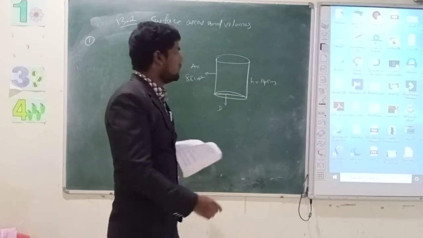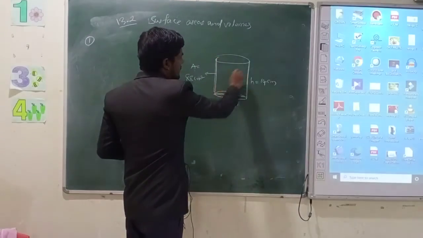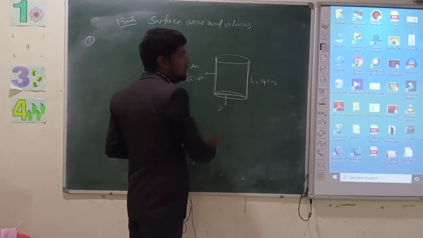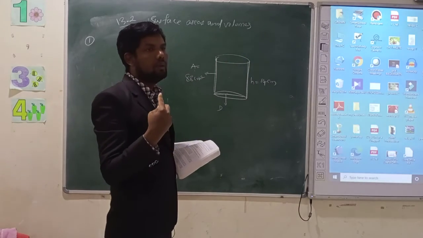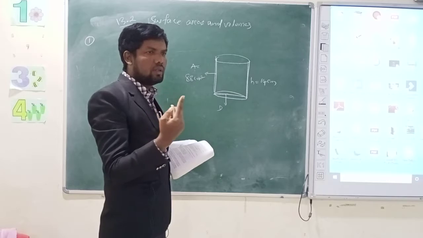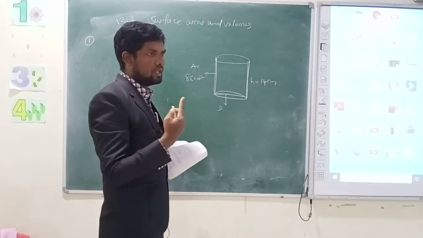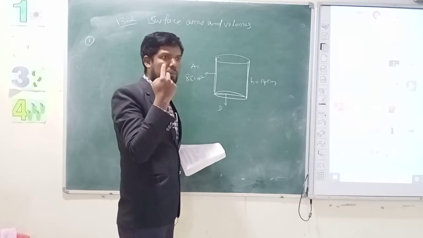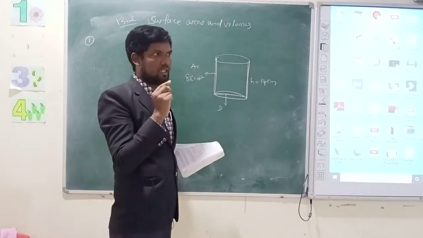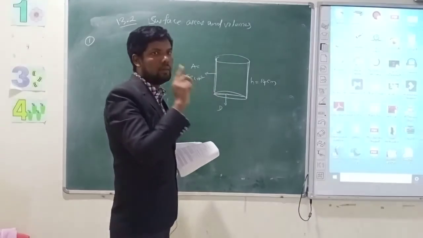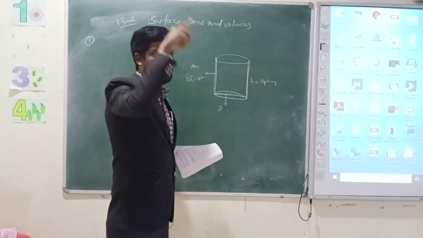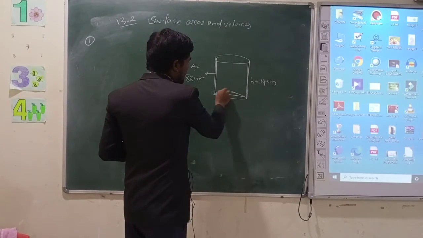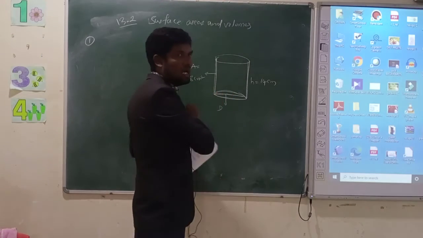So for that, what is the curved surface area of a cylinder? What is the formula for that? 2 pi r h, right? Curved surface area means lateral surface area, that is base perimeter into height. So what is the base perimeter for this circle? 2 pi r.